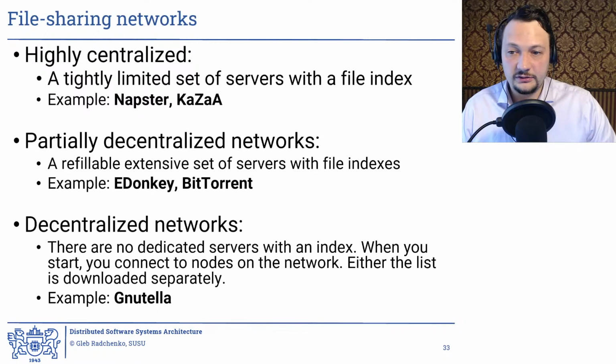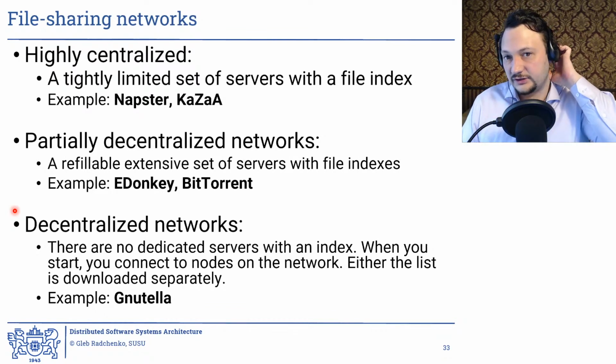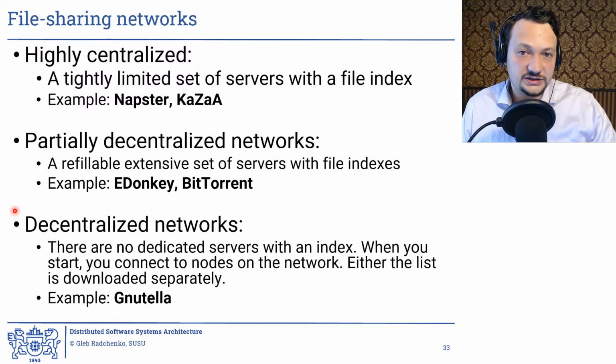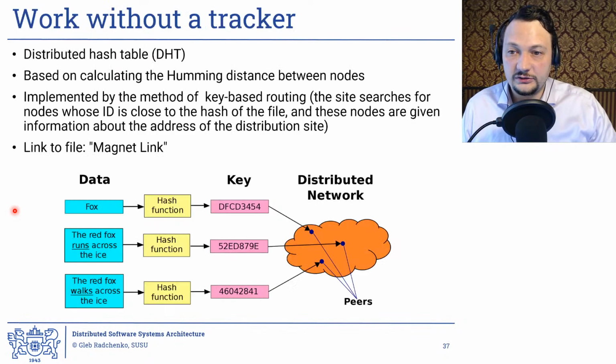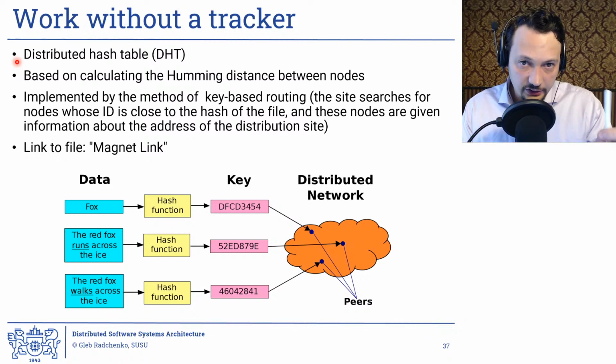As you remember, I told you that there are partially centralized networks like BitTorrent, and we also have decentralized networks that allow you to search for resources without the need of centralized trackers. So the distributed hash table, or DHT, approach allows you to use the BitTorrent protocol without the need of a centralized tracker.